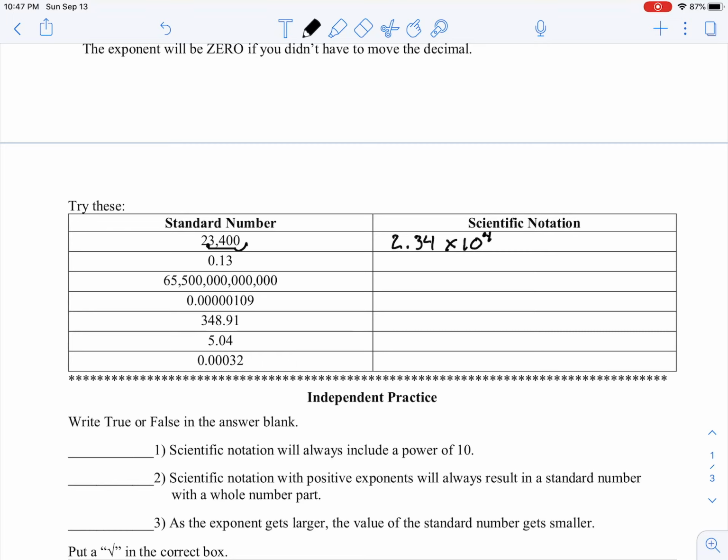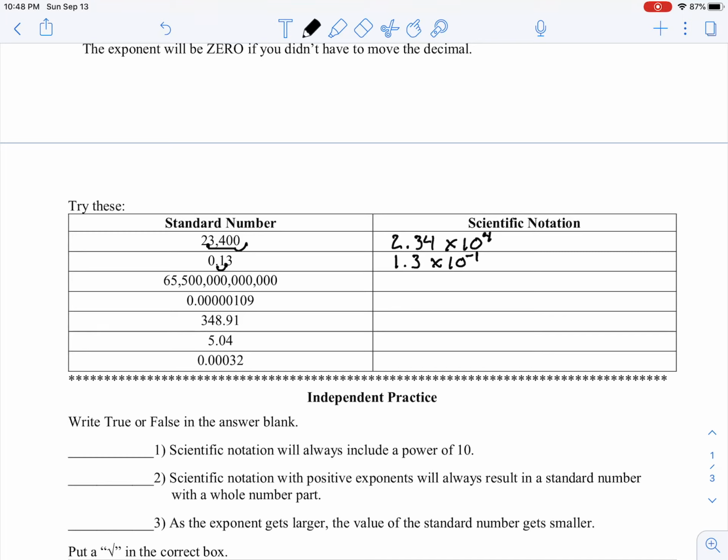So our exponent would be 4. Same kind of thing, we're always going to have a number between 1 and 10. So in this case, 1.3 times 10 to some power. Well, put our decimal there, and what direction and how far would we have to move to get to where it started? Well, we're moving to the left 1 spot. So left tells us negative, and 1 spot there, we moved it. So 1.3 times 10 to the negative first power.